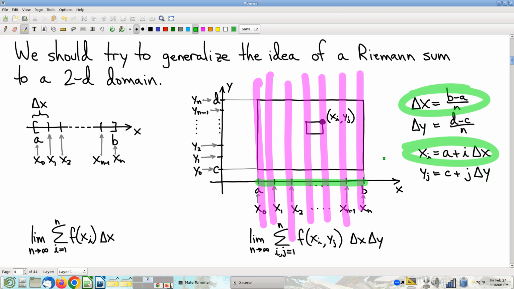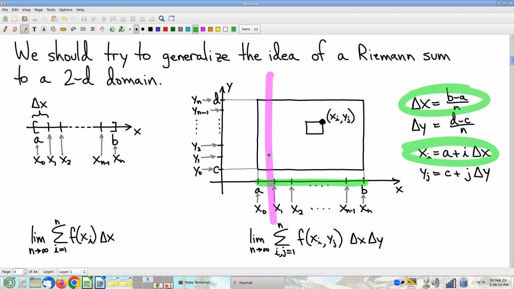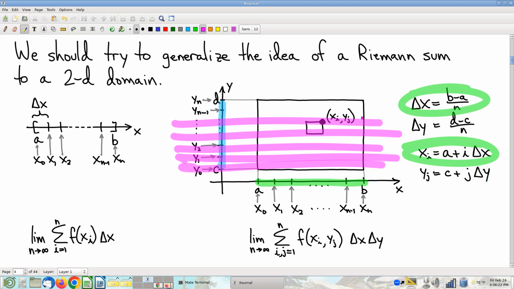Old news. Okay. So now we just have to add in that we're doing the same kind of thing over here on the y-axis from C to D. We are slicing that up. Again, the same sort of deal. As we did the horizontal slices of the rectangle, we are also doing slices of that blue interval on the y-axis.